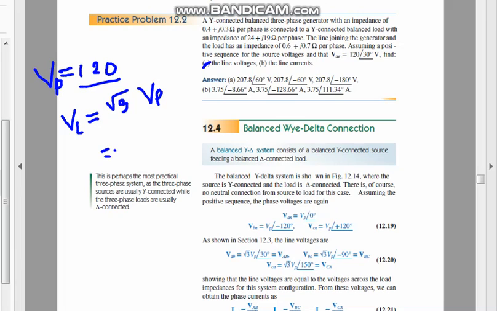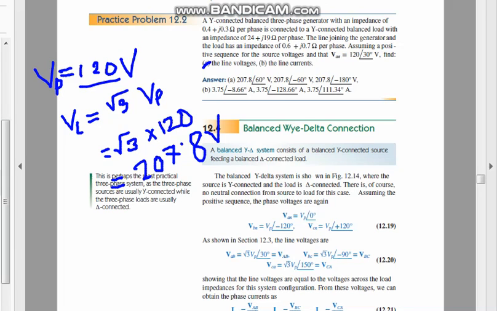Just calculate it, and you find the voltage will be 207.8 volts.